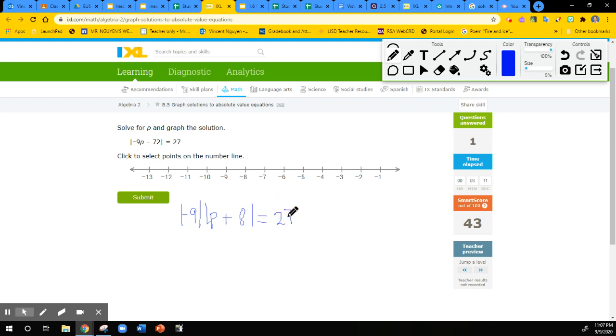Okay. All right. So what I'm doing is I'm trying to simplify this equation so that I could actually solve it, right? So I'm going to isolate this absolute value right here, so this turned out to be a 9 right here, right? So what I'm going to do is divide both sides by 9, to get rid of that 9 so that my absolute value is actually by itself, right?